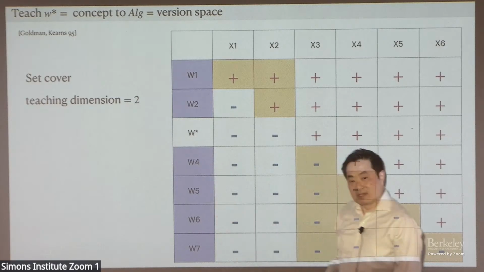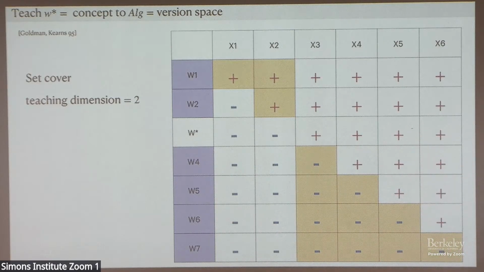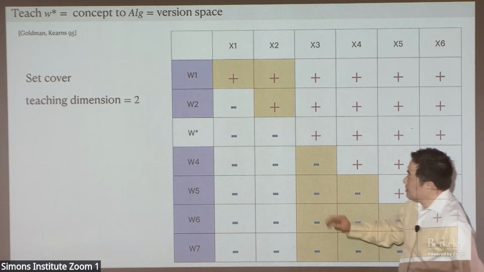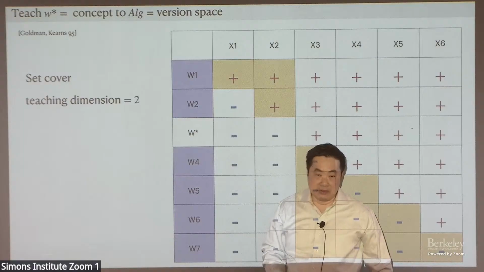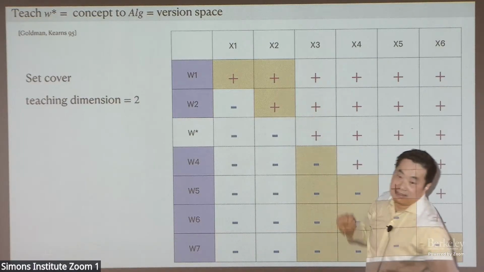So for this learner, we need a stronger teaching set, and that is recovered by the set cover problem. The cardinality of your set cover solution is known as the teaching dimension for this task. Here, the teaching dimension for teaching W star is going to be 2, because that and that is your cover solution.